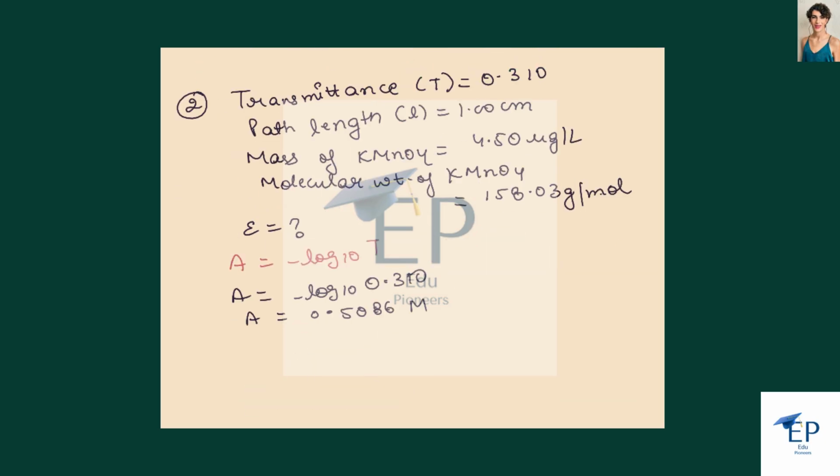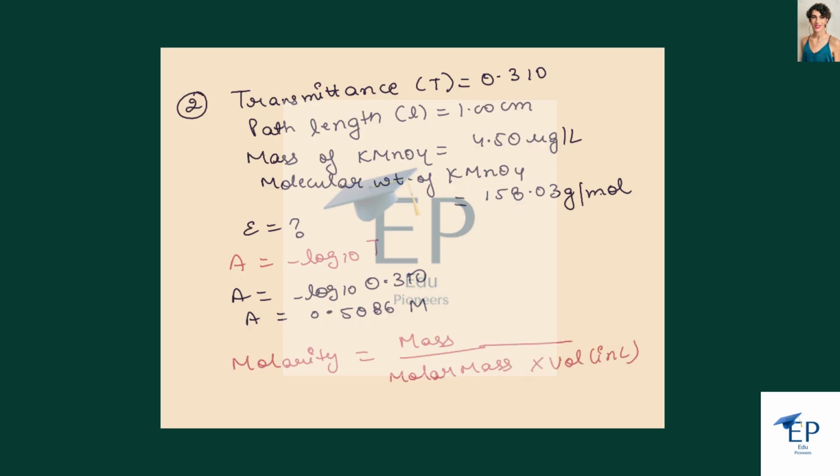Now the mass of the KMnO4 is given. From the mass we have to find the molarity. Generally, molarity is equal to the number of moles of solute, and moles can be written as mass upon the molar mass, divided by the volume in liters.